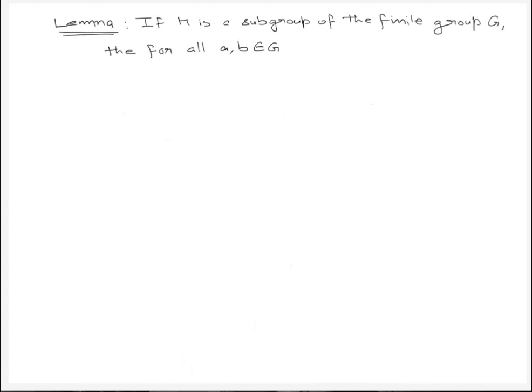Our next lemma says that if H is a subgroup of a finite group G, then for all elements a, b belonging to G, (a) the number of elements in aH will always be equal to the number of elements in H. Here aH is the symbol used for the left coset of H. If we prove this lemma for left cosets, it also holds for right cosets.